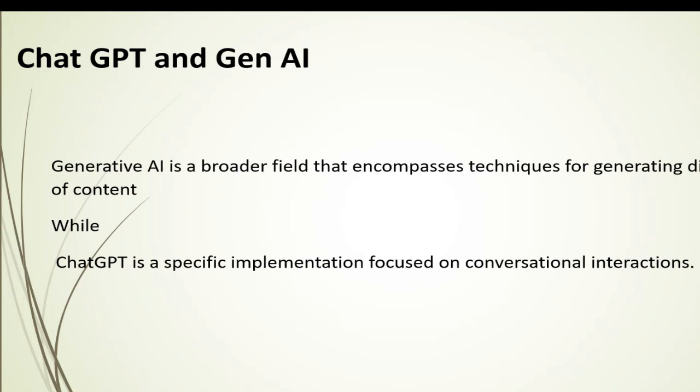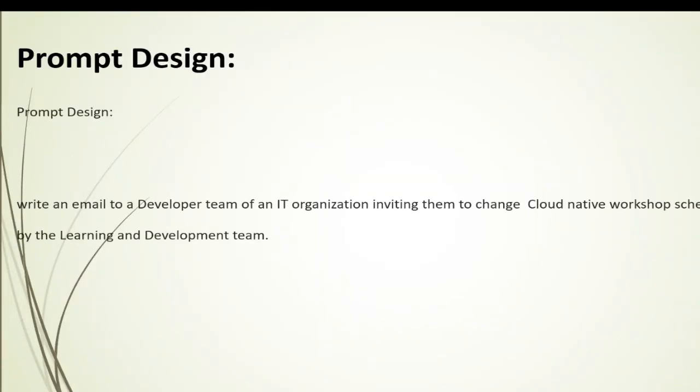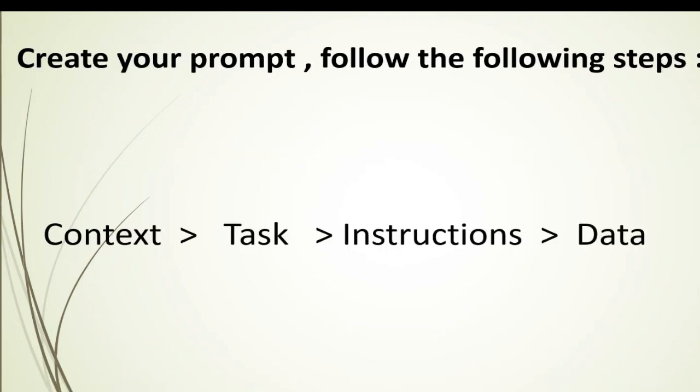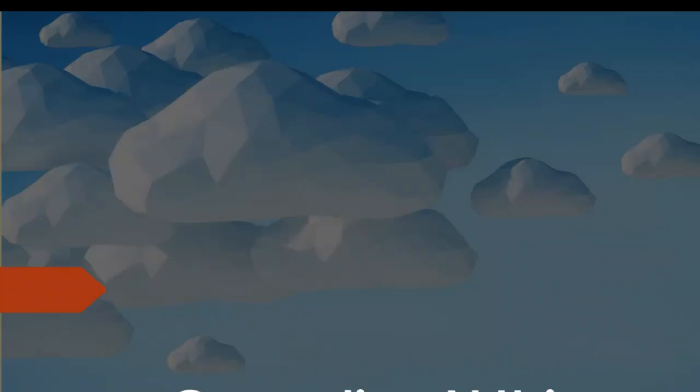Next we moved towards prompt engineering. We can write a prompt that can be a good prompt or a bad prompt. So how to write a good prompt? A good prompt should have context, task, instruction, and data. You can remember we gave examples of a good prompt that has context, task, instruction, and data.